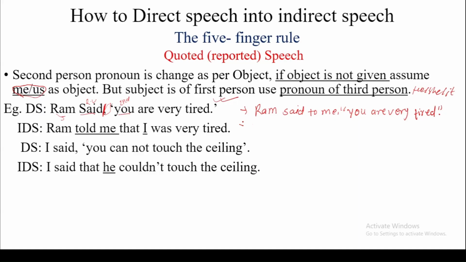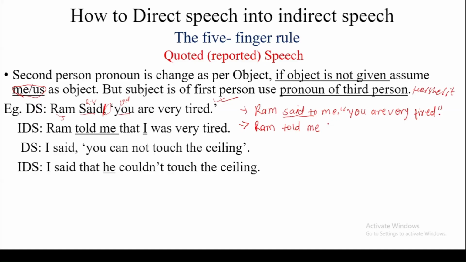Now if we have to change this sentence into indirect speech, look how it is changed. Ram, the subject, remains the same. Now we have the reporting verb said plus to, which is changed into told, because we have an assertive sentence. And then the object remains the same.